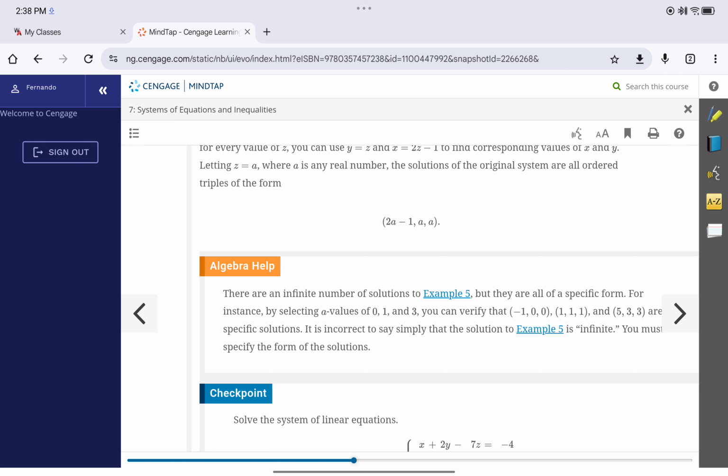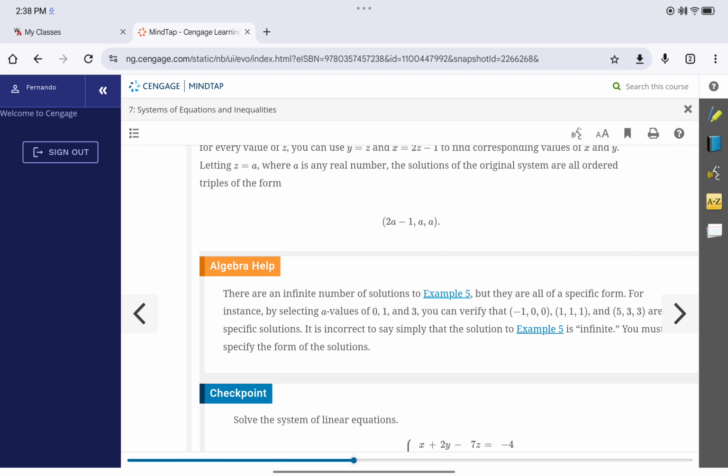What we're going to get here is negative a plus 3a minus 1, which, if you do the work, gives you 2a minus 1. So over here it's going to be 2a minus 1.